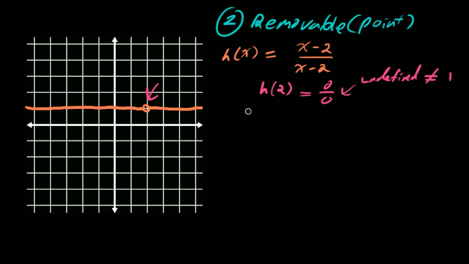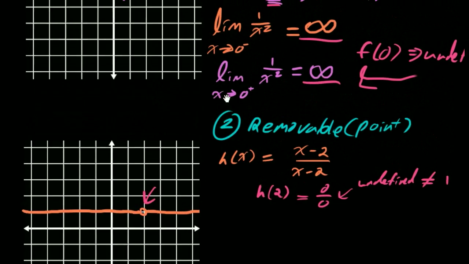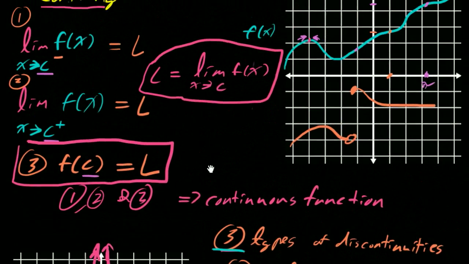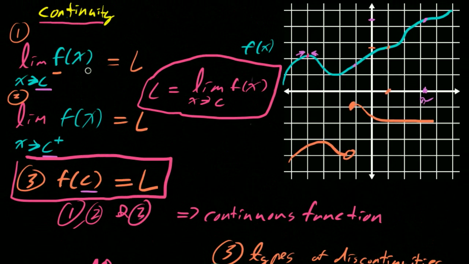So let's see how this fits with our definition of continuity up here, where we have to check the limit from the left, the limit from the right, and also the value of the function itself. And hopefully you can already see where this particular function is going to fail that test.